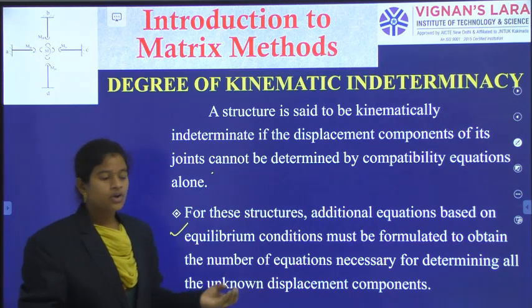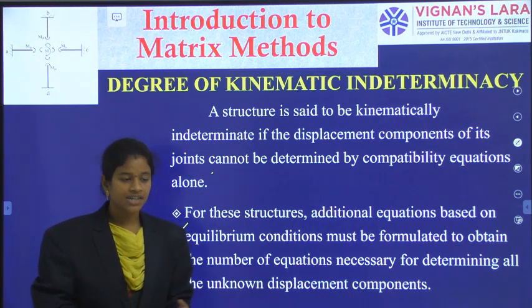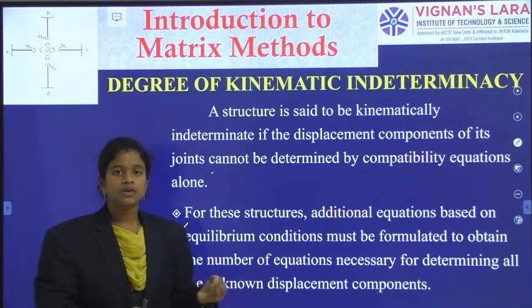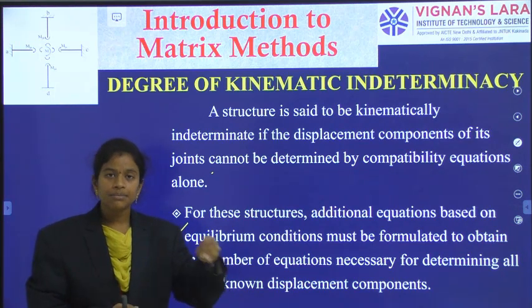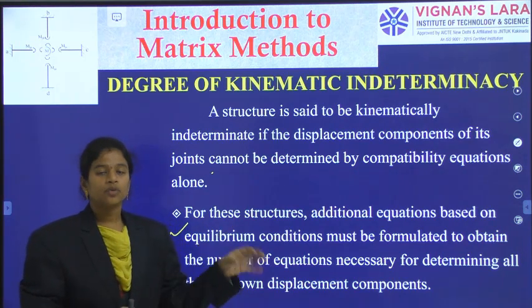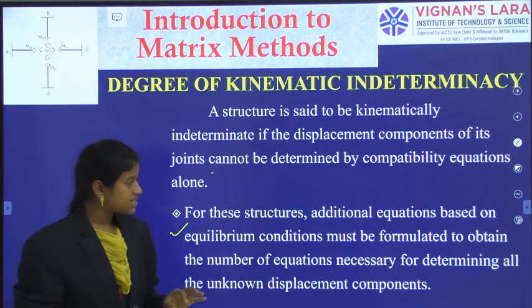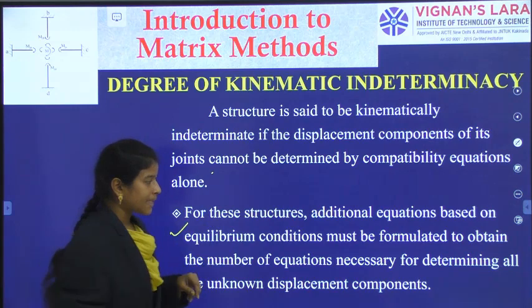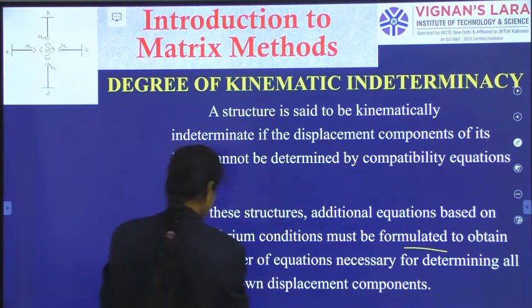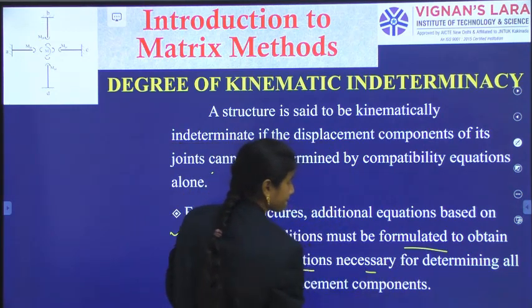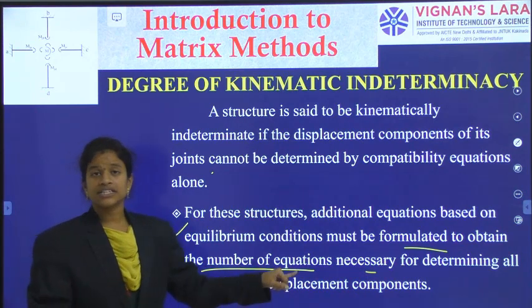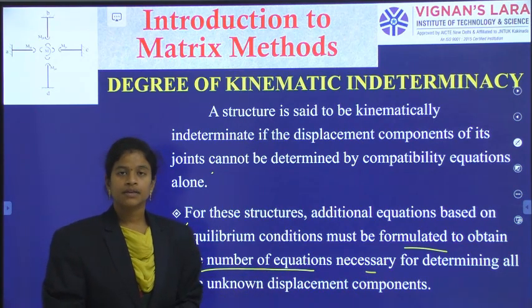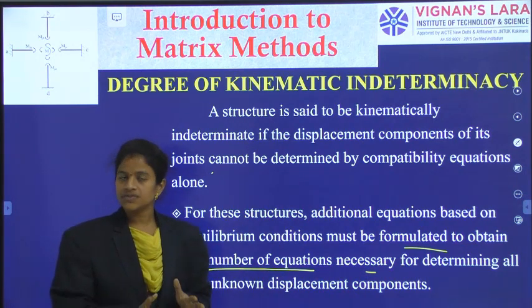As you already know, what is the situation of the particular structure or what the component is saying. So, involving all the equilibrium conditions, we should again determine the unknown displacements. So, again unknowns were there.